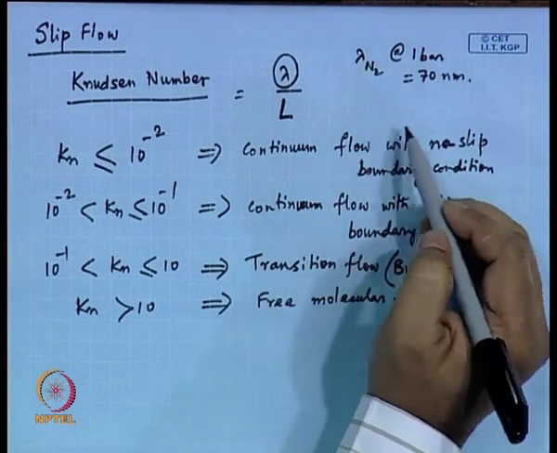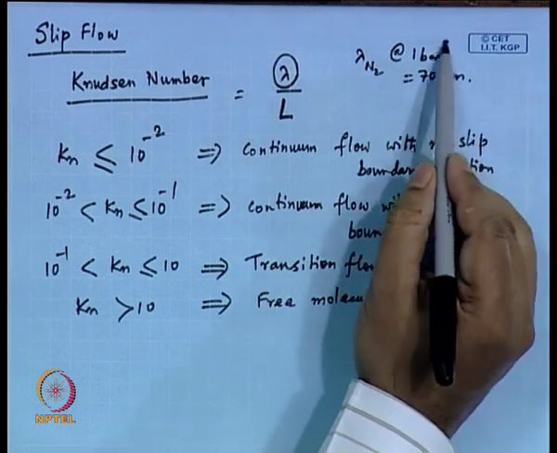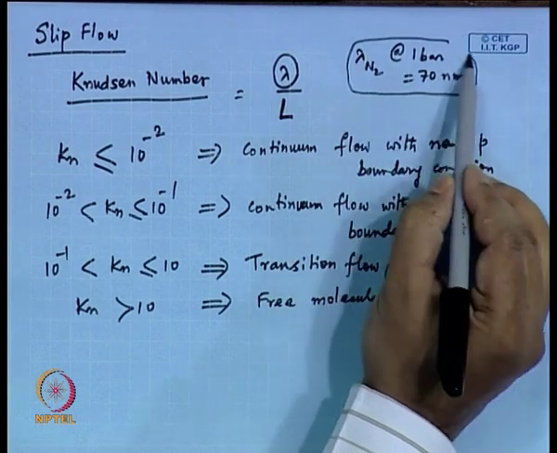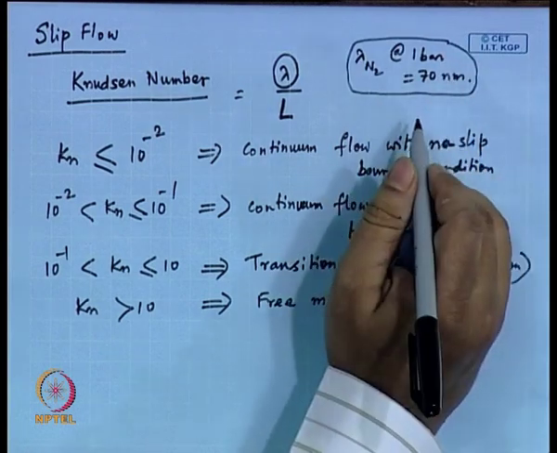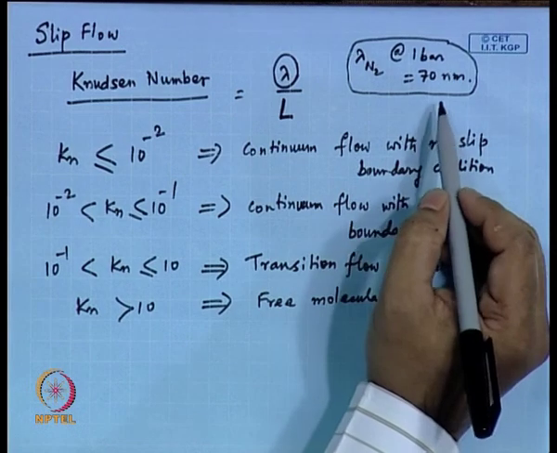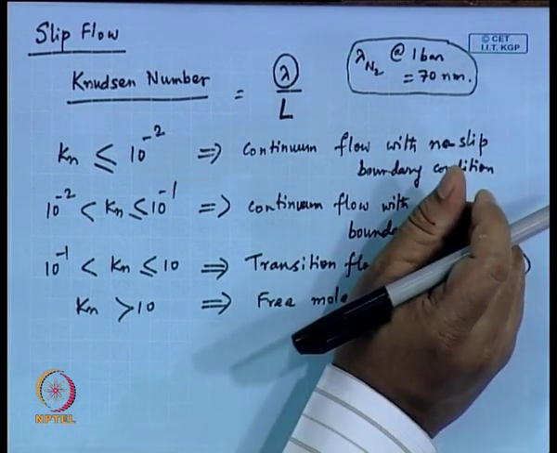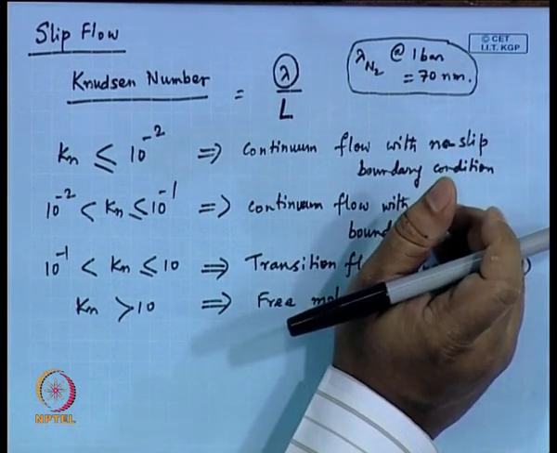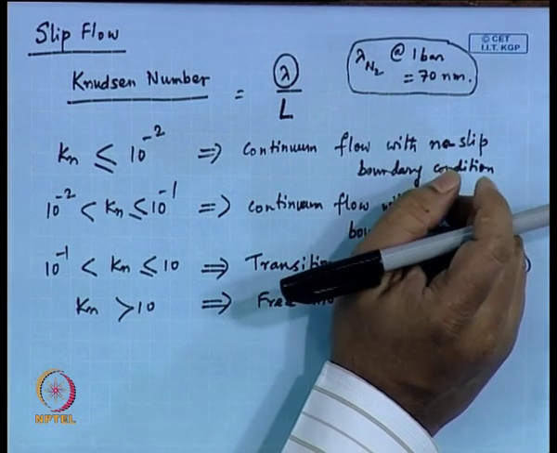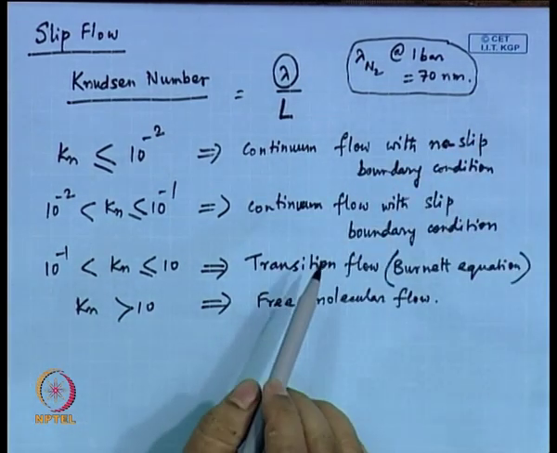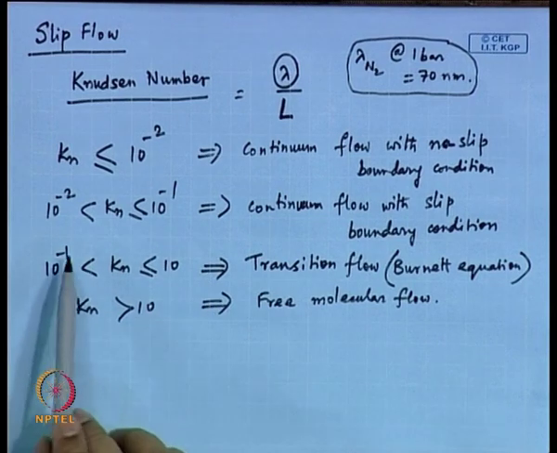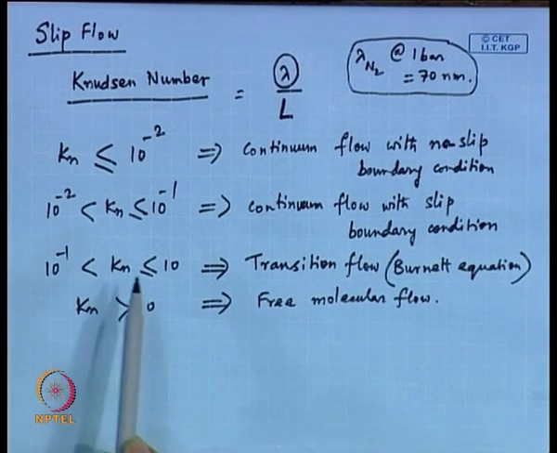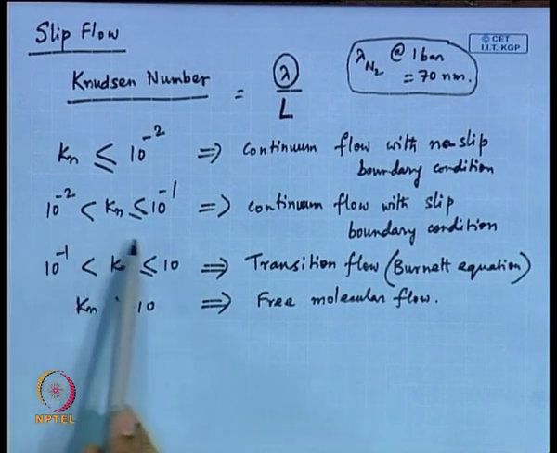So, you can calculate, if you have 1 micrometer channel, then what would be the Knudsen number.